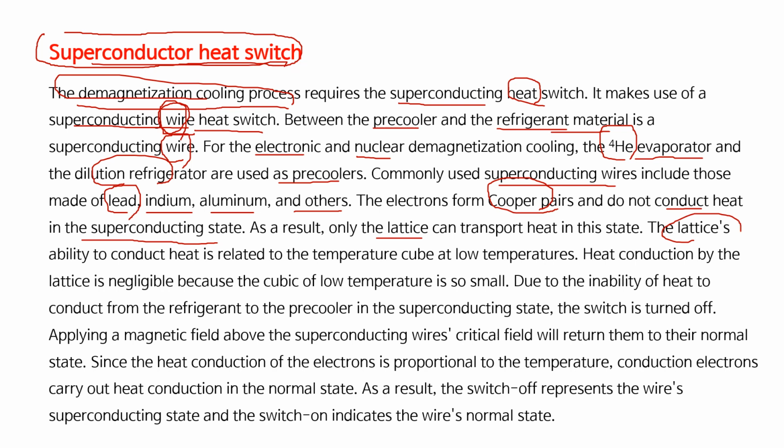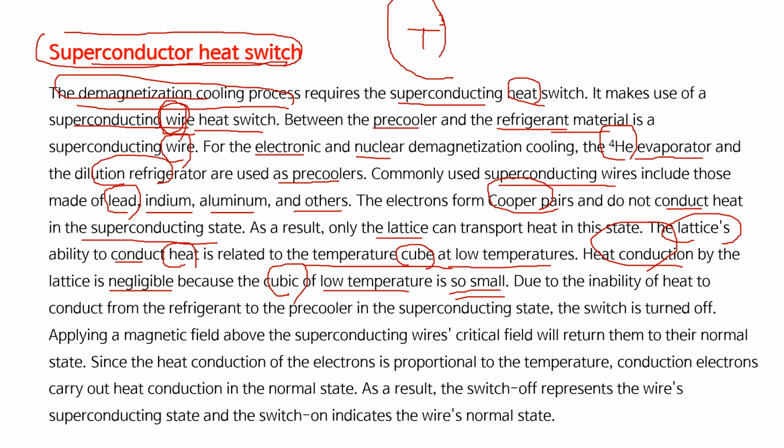The lattice's ability to conduct heat is related to the temperature cubed, T^3, at these low temperatures. Heat conduction by the lattice is negligible because the cube of a low temperature is so small.